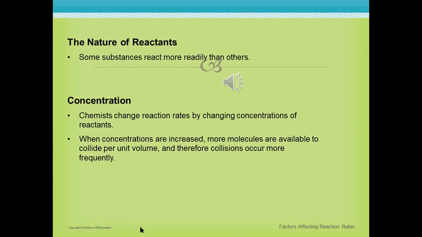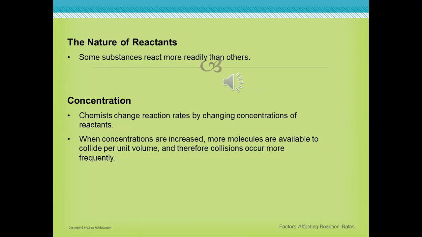Any problem till now? No. So what about the concentration? Can you explain what is meant by concentration of reactants? Chemists change reaction rates by changing concentration of reactants. When concentration is increased, more molecules are available to collide per unit volume, and therefore collisions occur more frequently.